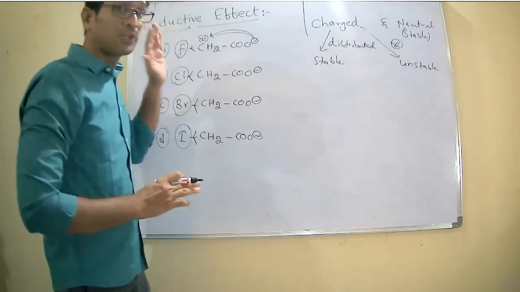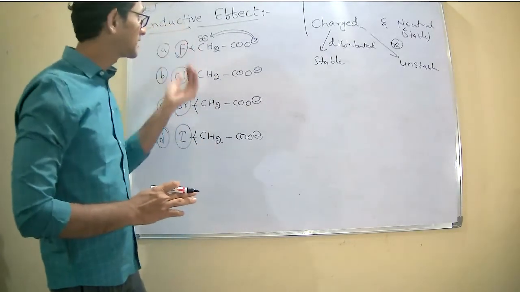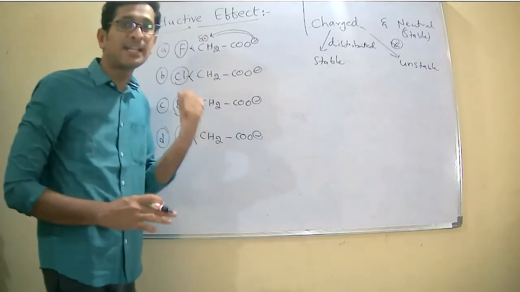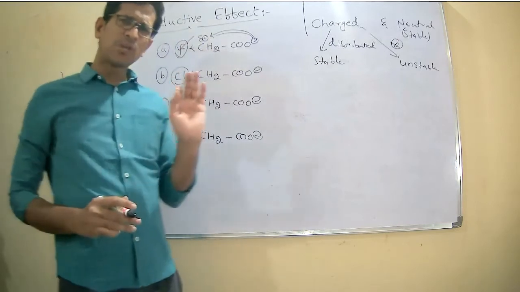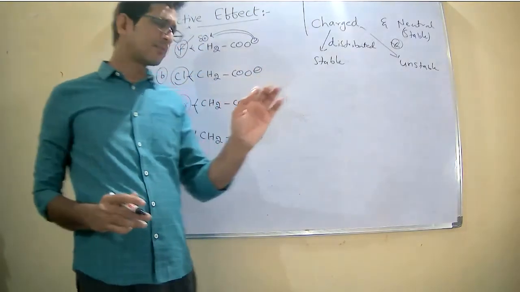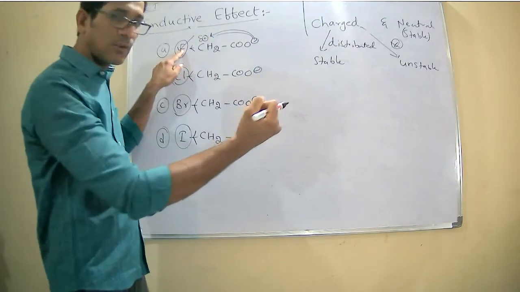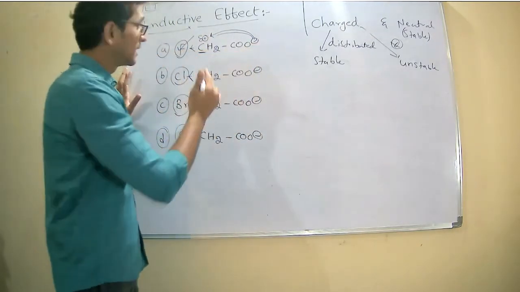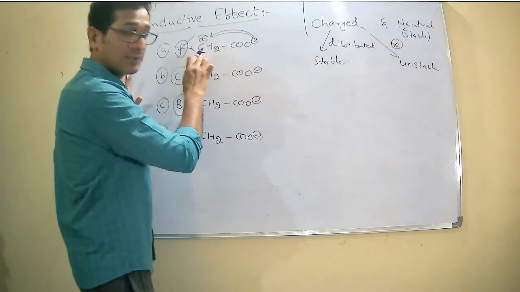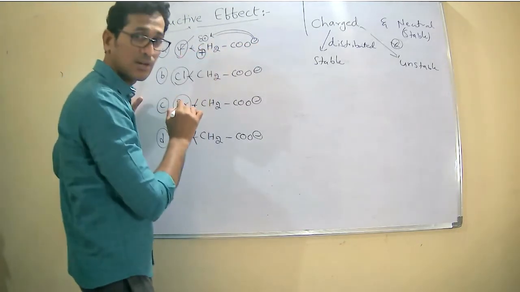But in which case do electrons withdraw more readily? In this case, we know that fluorine is the more electronegative atom. Therefore, the fluorine can withdraw electrons from this carbon more readily. Once it withdraws electrons from the carbon, obviously a positive charge develops.